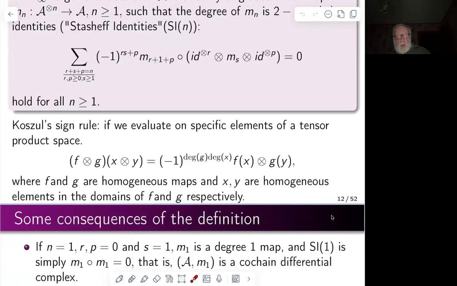If we evaluate elements f tensor g on elements x tensor y, then changing the order of f, x, g, y application gives a change of sign which depends on the degree of g and the degree of f. So if we have homogeneous f and g, of course.